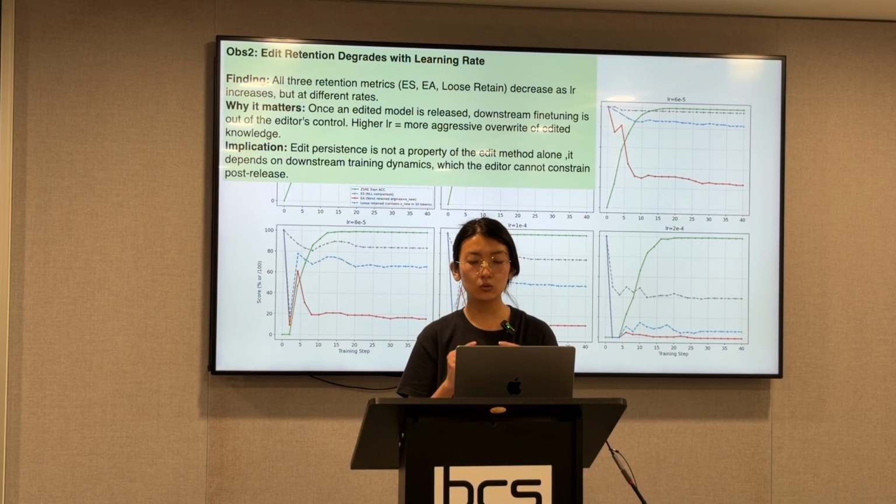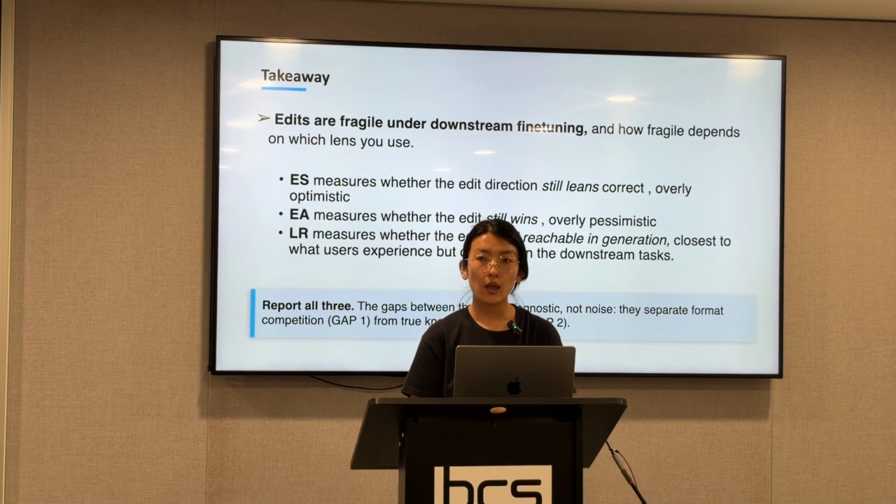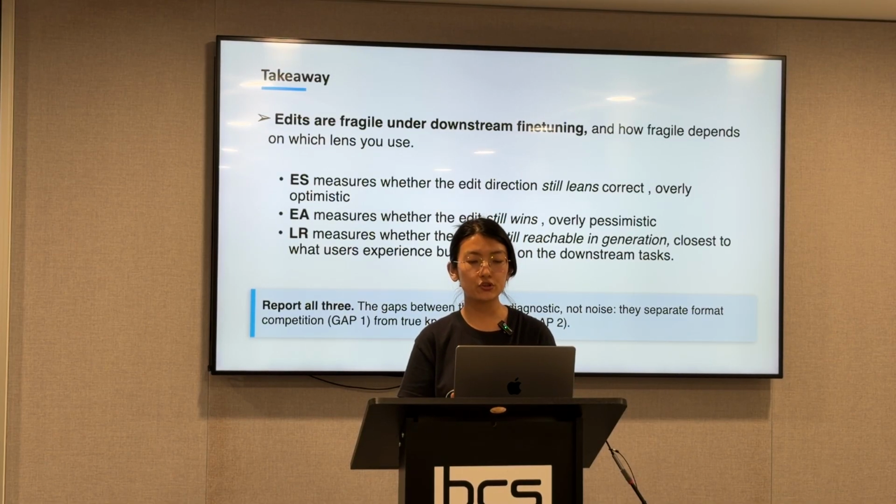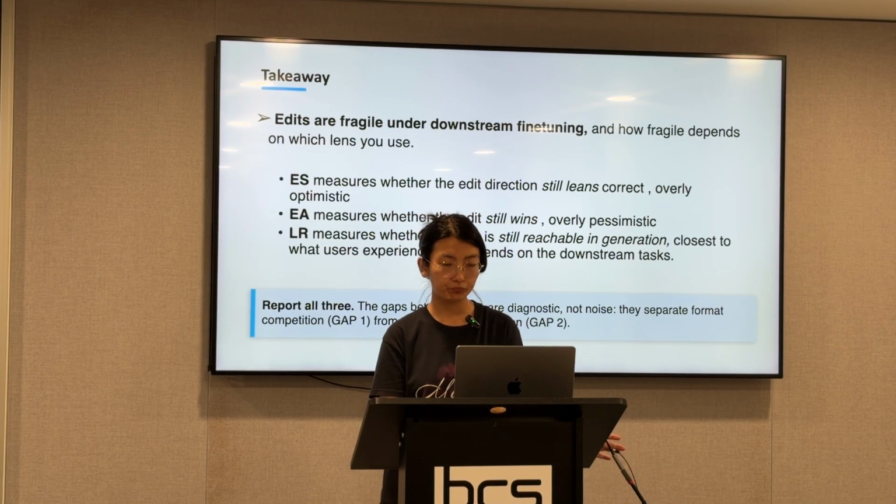This matters because once an edited model is released, downstream fine-tuning is out of our control. A higher learning rate means more aggressive overrides of edited knowledge. For this question, our answer is that edits are fragile under downstream fine-tuning, and how fragile depends on which lens you use, such as ES, EA, or LR.